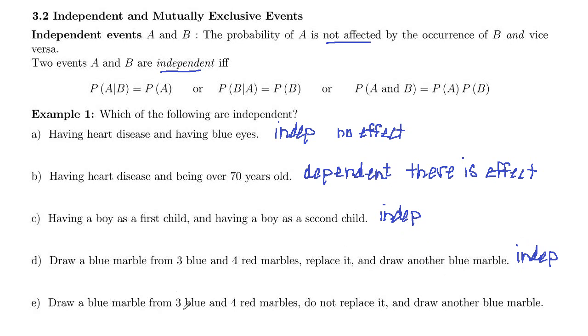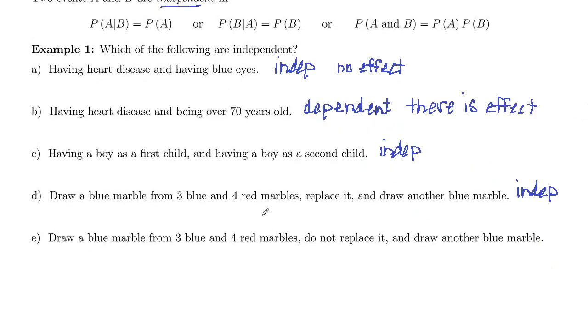Draw a blue marble from 3 blue, 4 red. Do not replace it. Draw another blue marble. So the probability of drawing the blue marble first is 3 out of 7, like we mentioned. So the probability of blue on the first draw is going to be 3 blue marbles out of 3 plus 4, 7 total. But then the probability of blue on the second draw, well, you do not replace it.